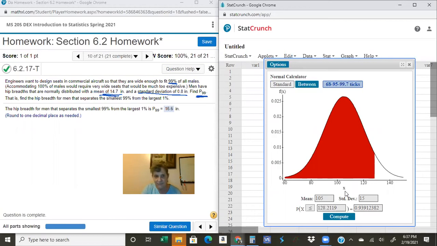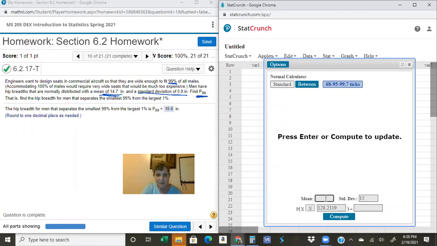To find the cutoff at 99%, well, the mean and standard deviation have changed. So mean is going to be 14.7. Standard deviation is going to be 0.8. I want to find the probability for 99%, so that is 0.99.